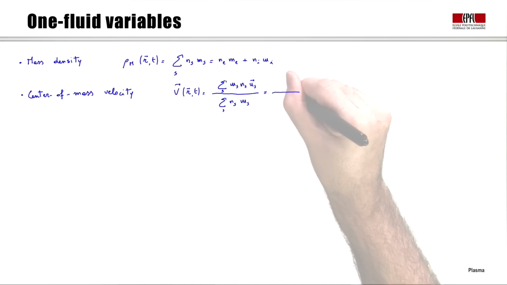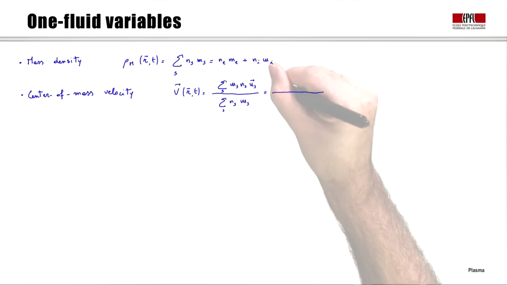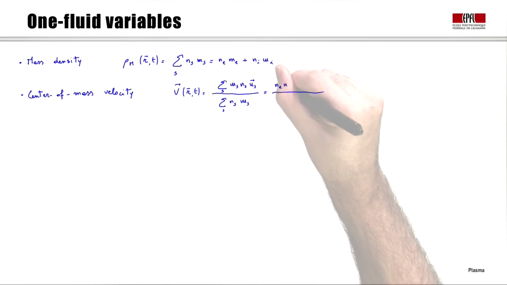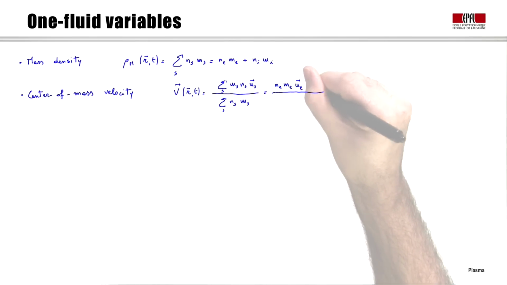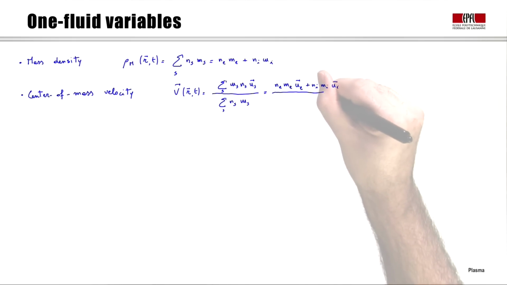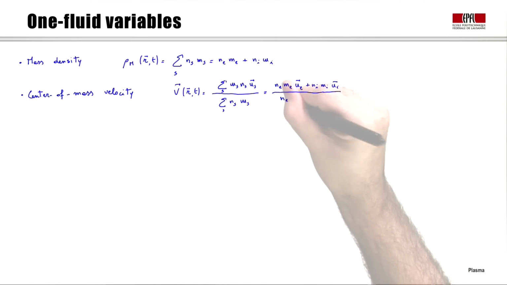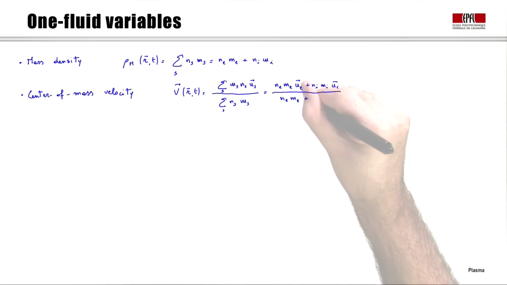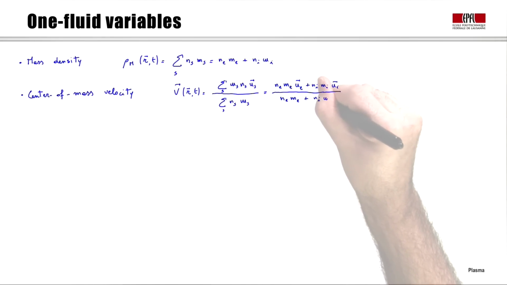For a plasma with a single ion species, this will be given by the sum of the electron contribution and the ion contribution divided by the total mass.